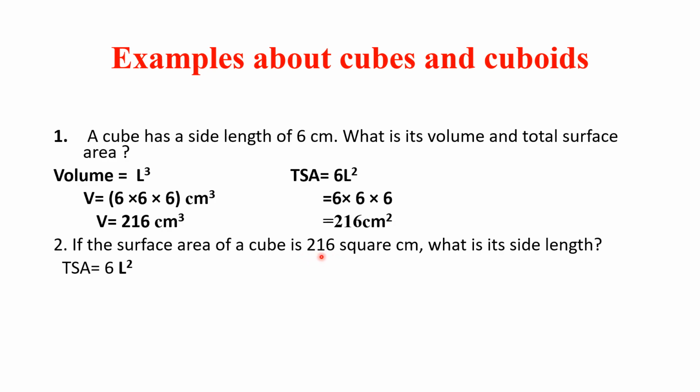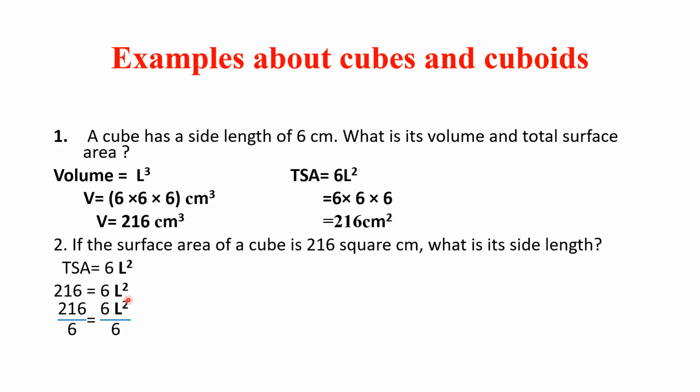So in my formula here, how many unknowns do I remain with? I have total surface area ticked, and then I remain with L. So it means that I can easily substitute. And then here we shall have 216 total surface area is equal to 6L squared.